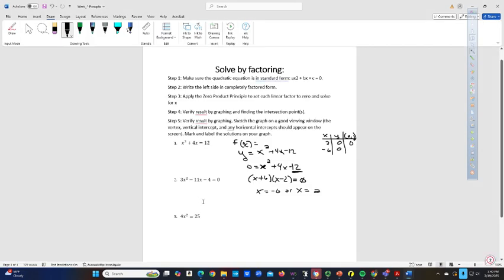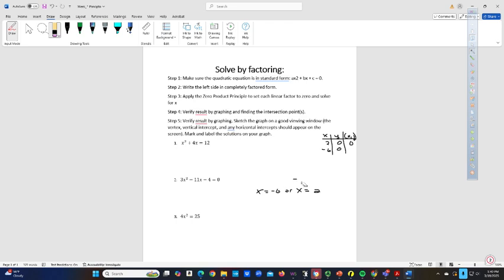Okay, so question 2. We have this quadratic equation, 3x squared minus 11x minus 4 equals 0. So great, that's already set to our zero factor property. Now our a term is not 1, right?